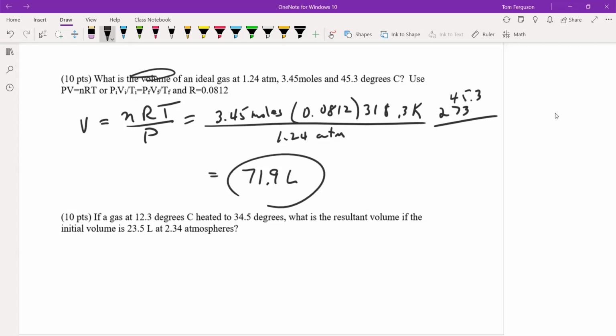Now, the second problem is a changing condition. That means this is the one we're going to use, PV over T is equal to PV over T, because the conditions are changing. We're looking at initial conditions, final conditions.